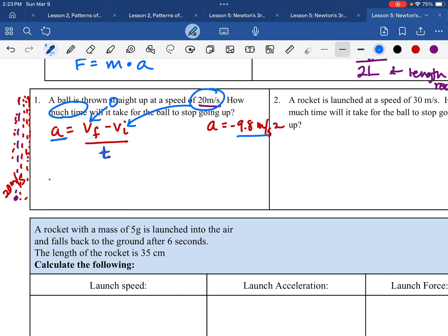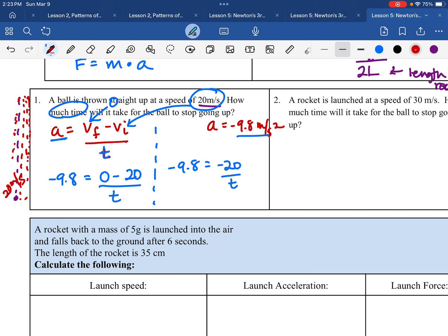So we're going to have negative 9.8 equals the final velocity, which is 0, minus the initial velocity, which is 20 meters per second, divided by time, which we don't know. That's our unknown, right? So let's go and solve that. So we have negative 9.8 equals 0 minus 20, which is negative 20, divided by t.